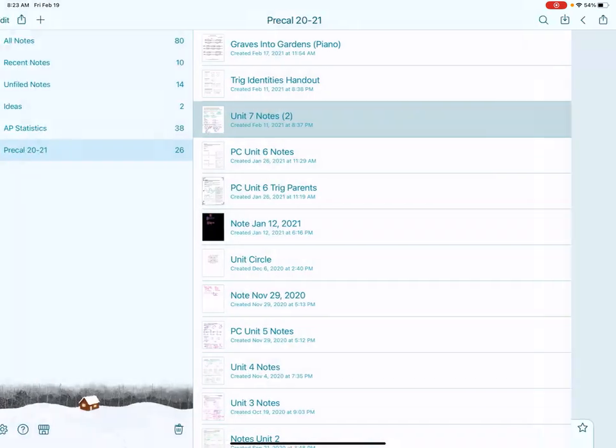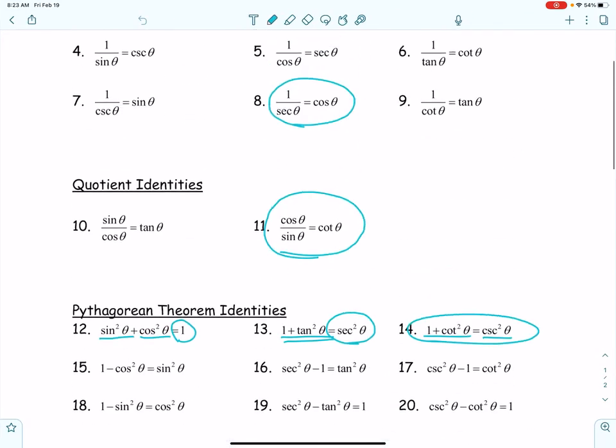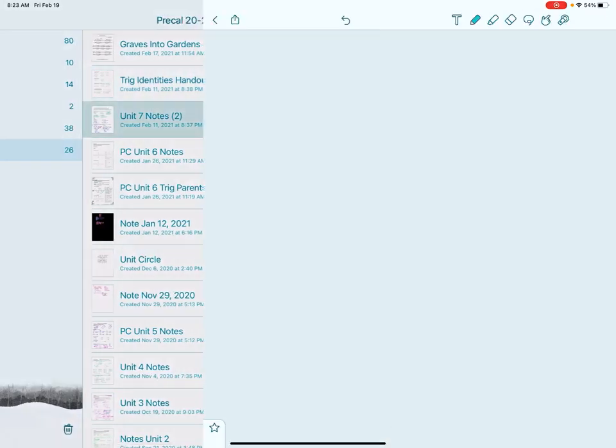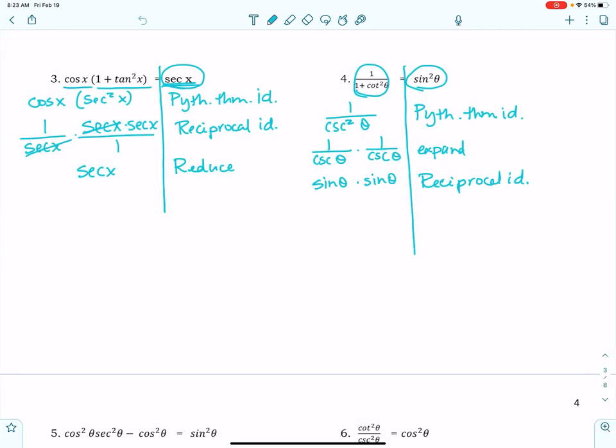And if you don't believe me, I'll show you. Reciprocal identity right here. Okay, and then of course, I can just multiply that. And if you did this step right here, then you would of course just say that you multiplied. No big deal. Easy peasy, lemon squeezy.